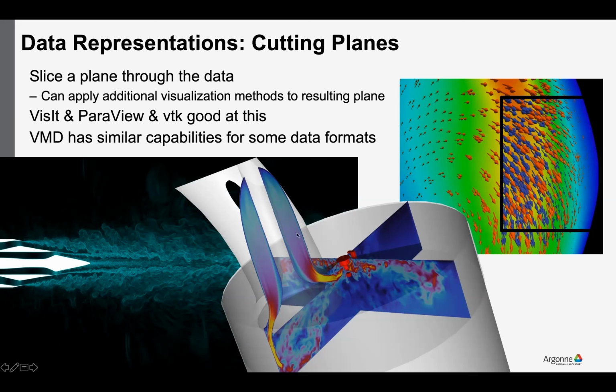This is useful for seeing, for example, in this case, temperature within this combustion chamber. I forget if this is temperature or velocity, but at any rate, you can see the patterns of where the fluid is moving.